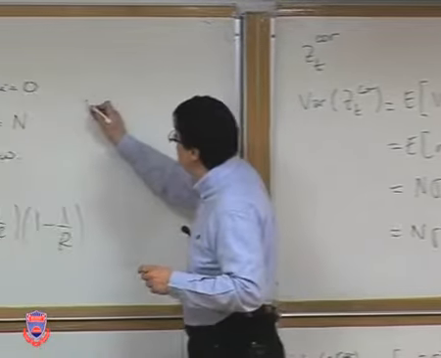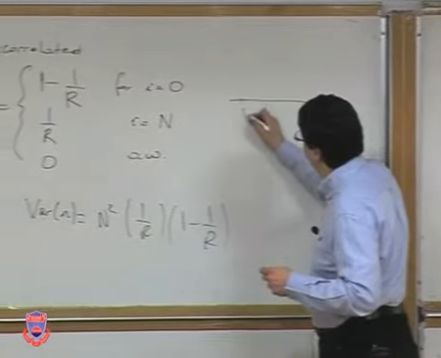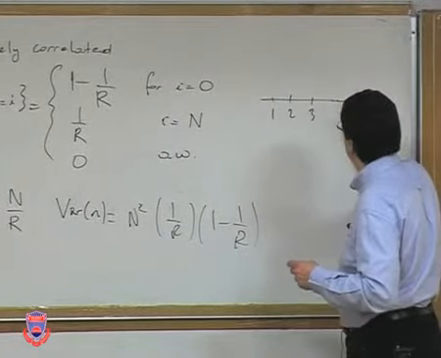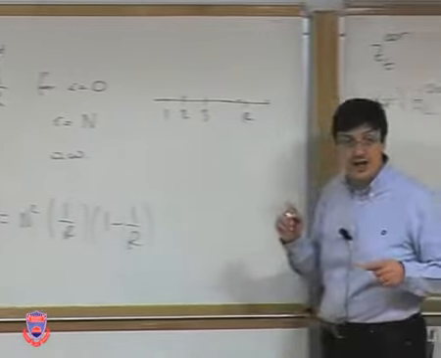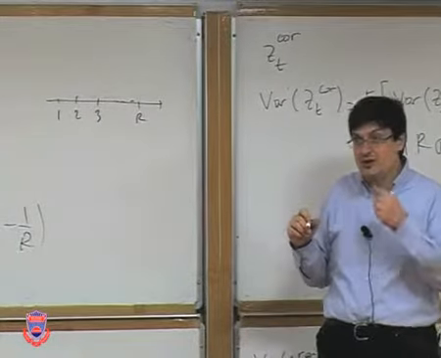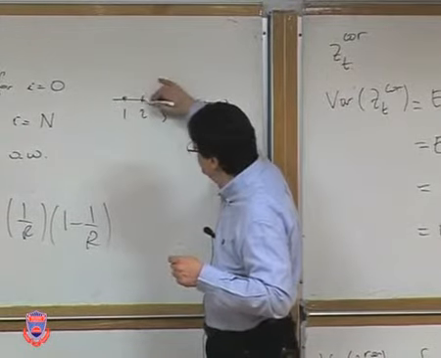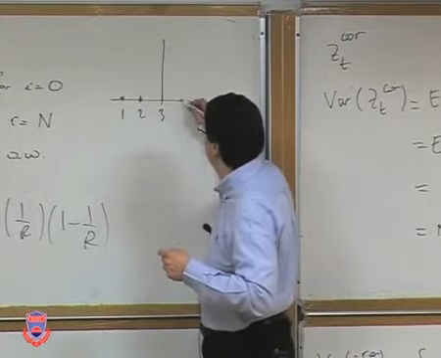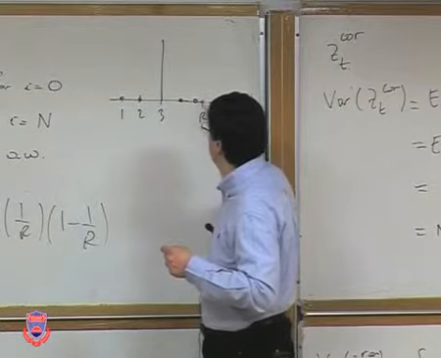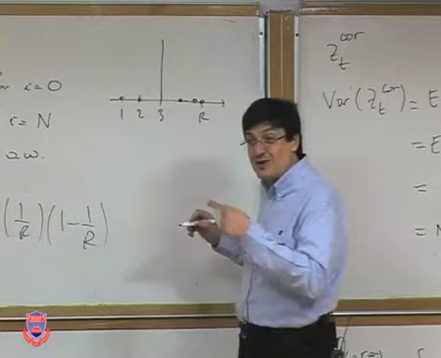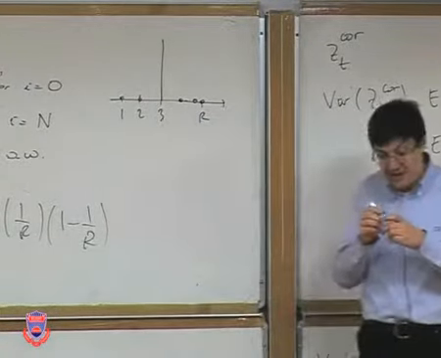Let's say that these are days: day 1, day 2, day 3, day R. The supplier is going to see the demand in the following way: zero demand, then a huge demand, zero demand, zero demand, zero demand.